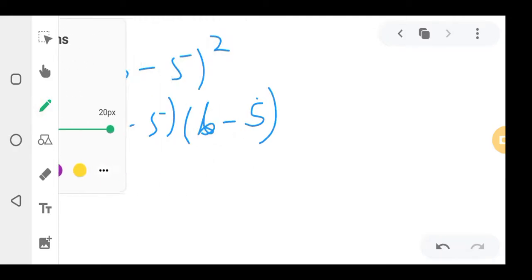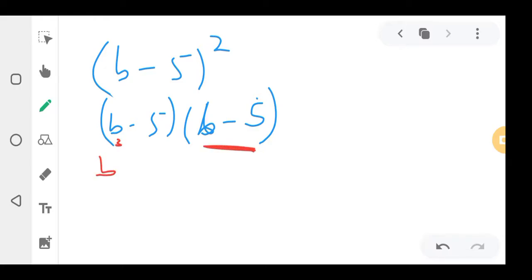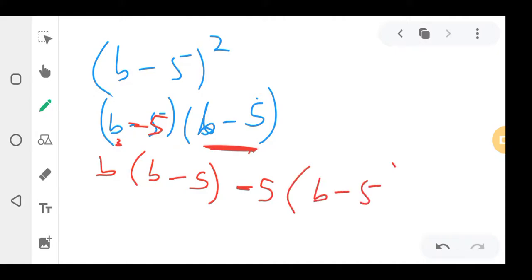What is my first letter here? B. So I take b, I put it here. Then this, I bring it in front, so b minus 5, closed. And then here is negative what? Negative 5. That negative 5, I bring it here. Again, whatever is in the brackets here, I bring it here again. I bring it twice. Okay?